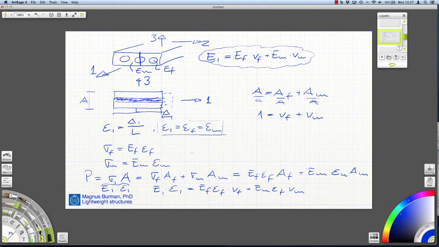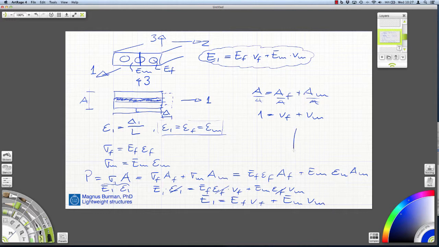But we also said that the strain in the two constituents is the same as in the homogenized material. That means that these are the same, meaning that the elastic modulus in one is EF VF plus EM VM.